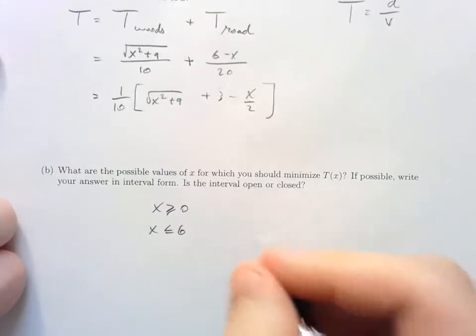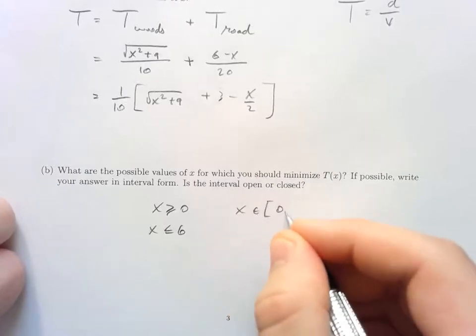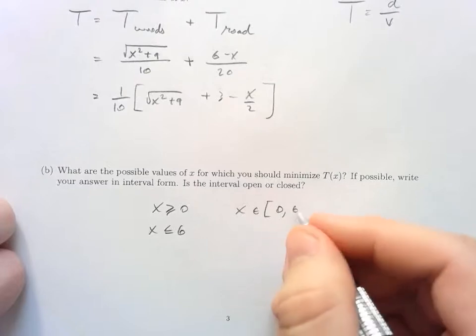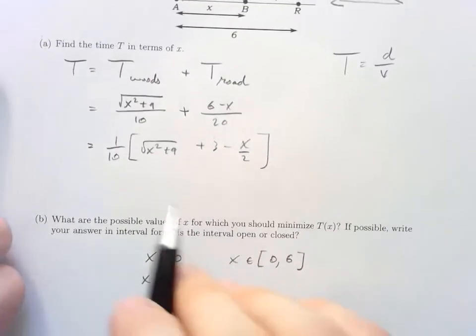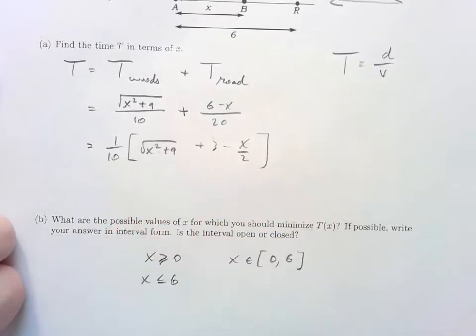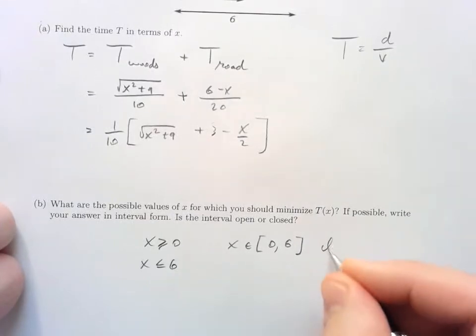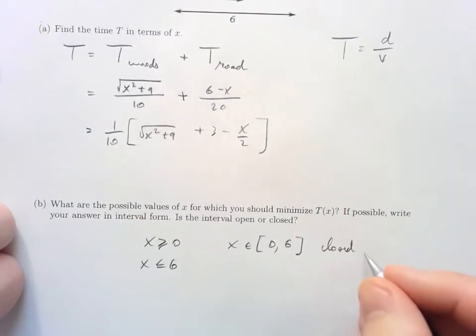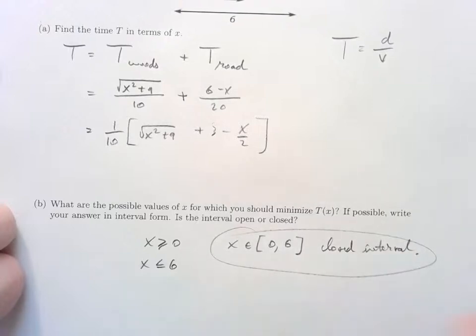In interval notation, this is [0, 6], and we're able to close the brackets because notice t is defined at those points, so we can actually attain these values of x. This is a closed interval. So that's part B.